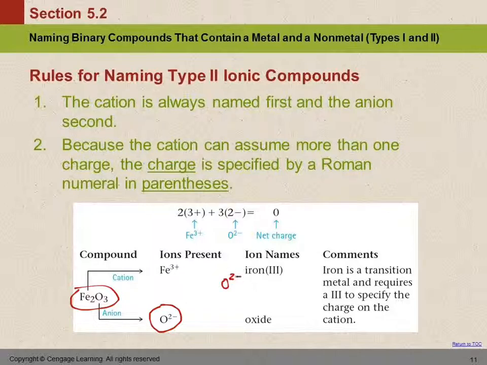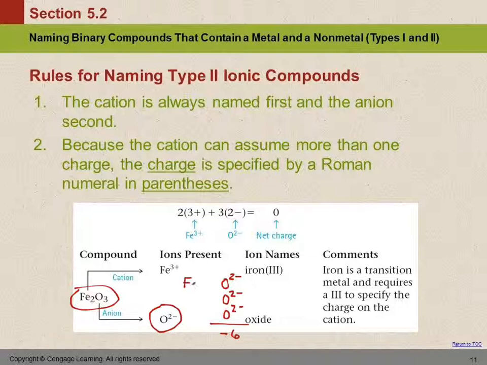So here's O2 minus, and the formula shows us that we have 3 of them. So I'm going to draw 3 of those. So if I have 3 of those guys, my total negative charge is going to be 6, right? Each of them is -2, and there's 3 of them. And then the formula tells me that there's 2 irons.